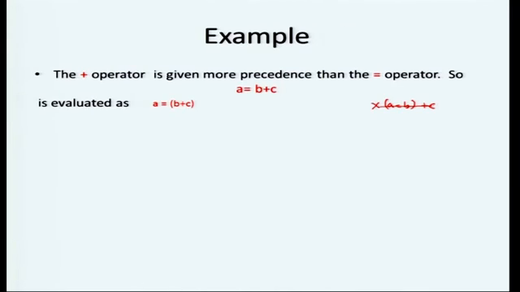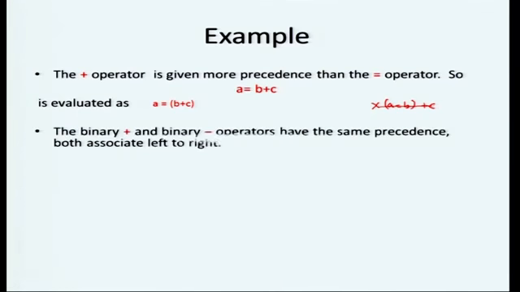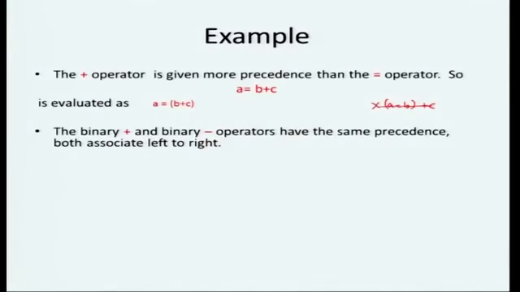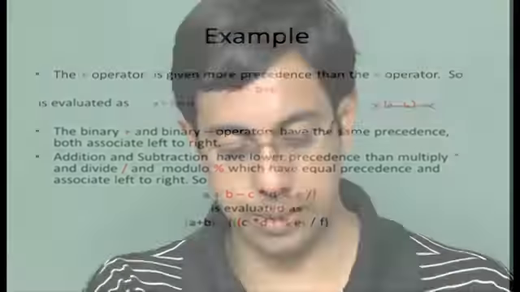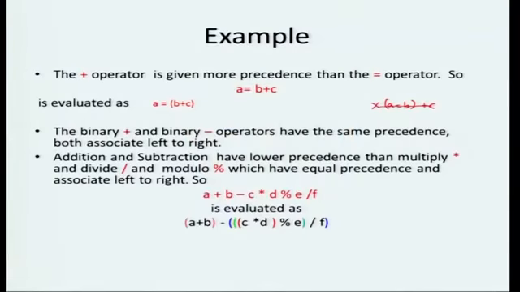Precede means going first. So, plus has a greater precedence over assignment. Plus and minus have the same precedence and both have the same associativity, we have seen this. Addition and subtraction have the same precedence, but multiplication and division have a higher precedence.